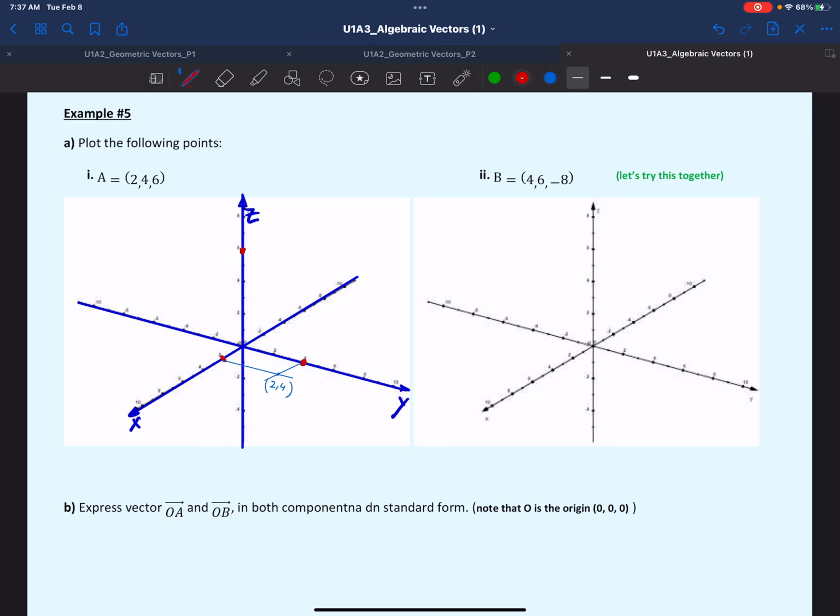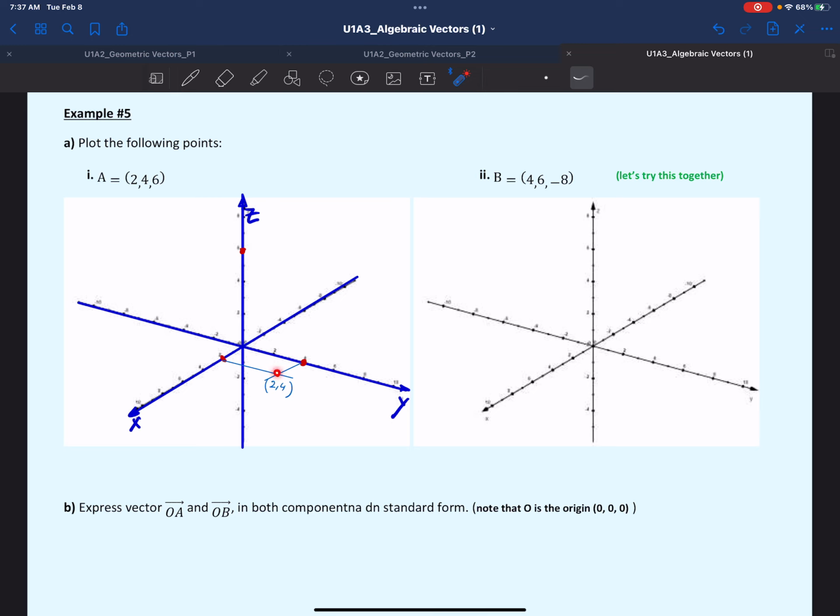So this point will have coordinates 2 and 4. Okay? So basically, yes, I said that we draw a parallelogram, but remember, this is a 3D shape. So it's basically the same thing as if we have, for example, x equals 2, y equals 4. We have to create the rectangle. So it's kind of a distorted rectangle, right?